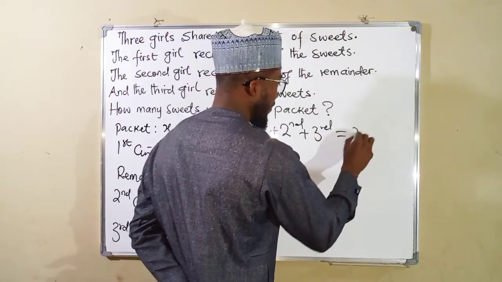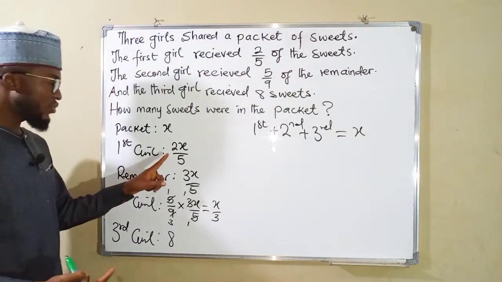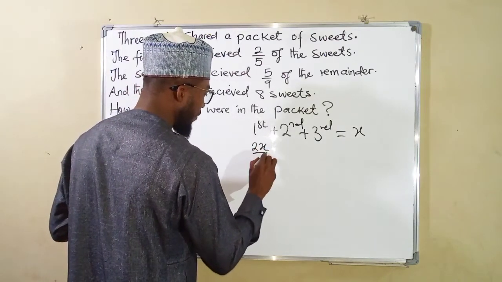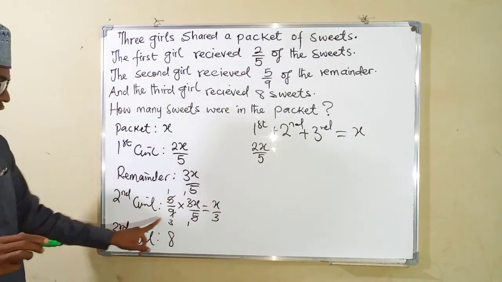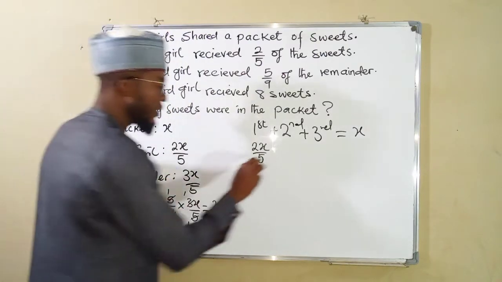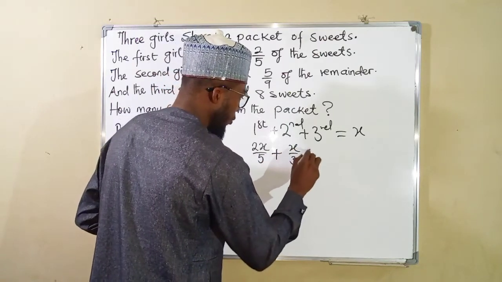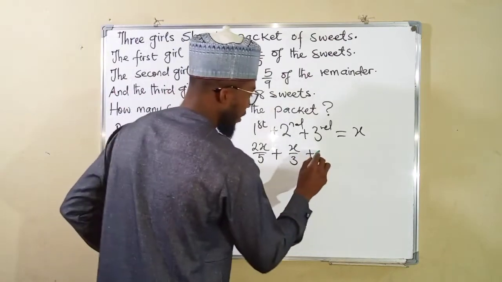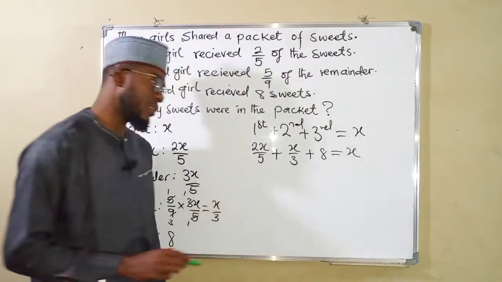The first share is 2x/5, the second share is x/3, plus the third share is 8. The whole of this will be equal to X.